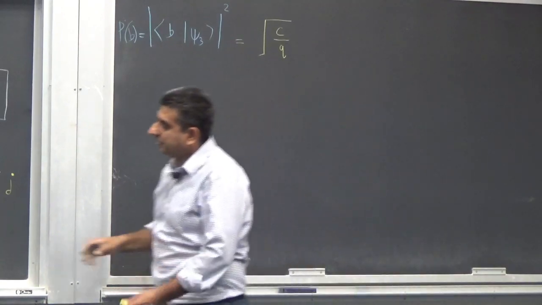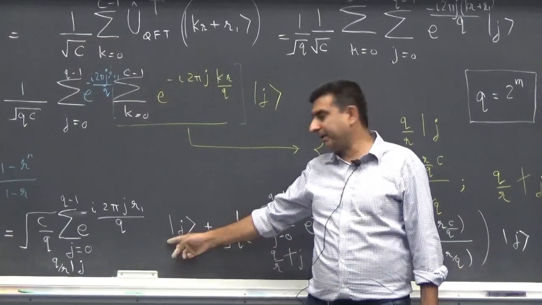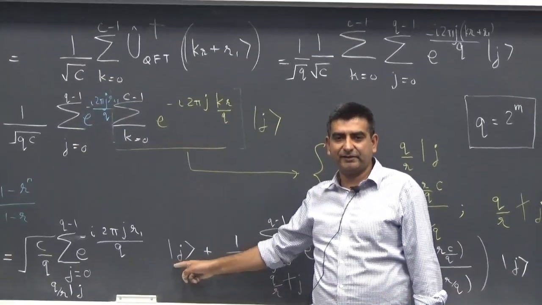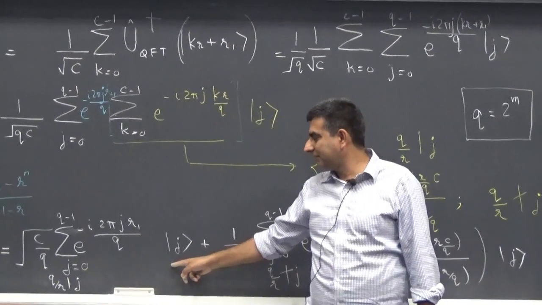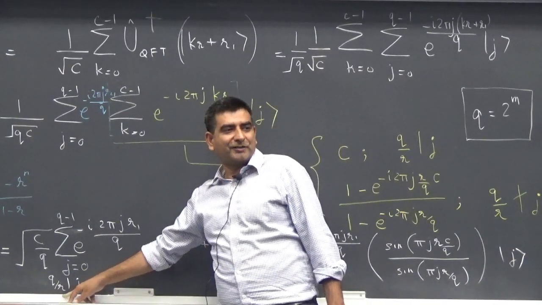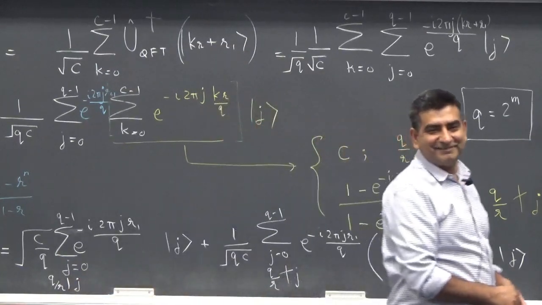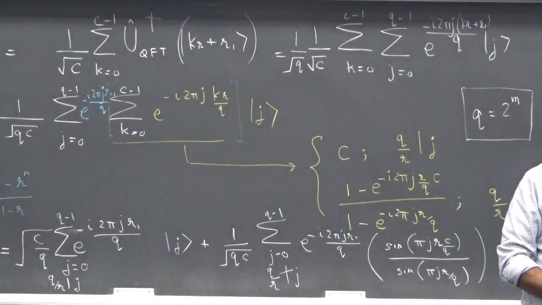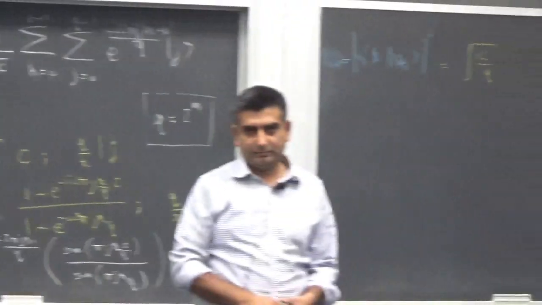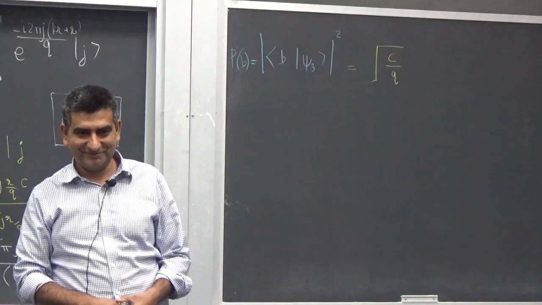Now this summation will become just one term, ket b here. I'll get ket b here, provided b is a multiple of q over r. Right? So how do we know this? Right, we don't know as yet, but soon we will know.